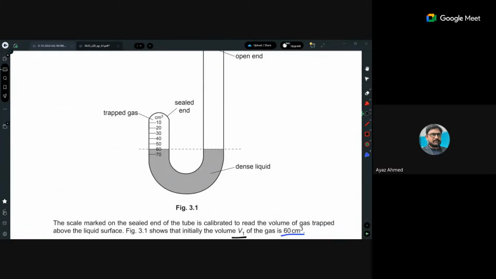Check this one out. Here the atmospheric pressure is acting at the open end. So when it is atmospheric pressure, it means the liquid pressure is cancelled out on both sides.